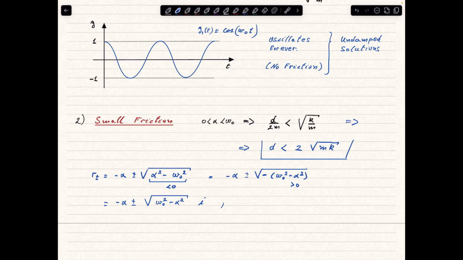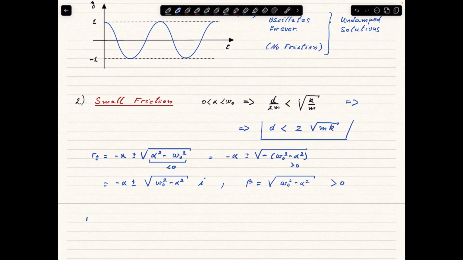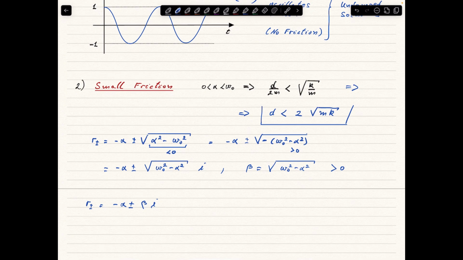And if we introduce this number beta, that is the square root of a positive number, omega 0 square minus alpha square, recall this number is positive because we are studying cases where this condition happens. So this number is now positive, this number is also positive, and then beta is positive. And in terms of that notation, the roots r plus minus are given by negative alpha plus minus beta i, with beta positive.